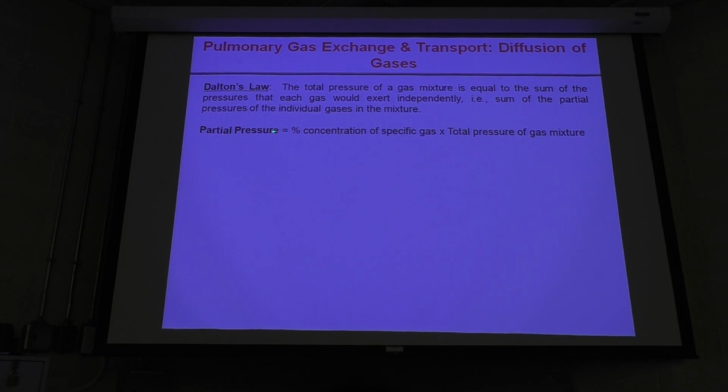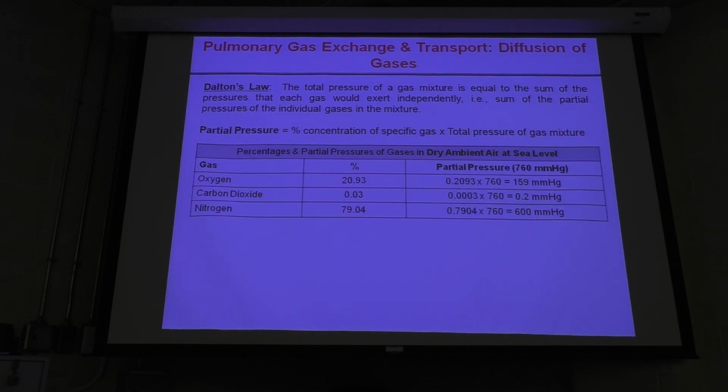So the partial pressure is calculated as the percentage concentration of a specific gas multiplied by the total pressure of a gas mixture. So, percentages and partial pressures of gases in dry ambient air at sea level. So, for example, the air that we're breathing right now. If we look at oxygen, carbon dioxide, and nitrogen, we know that oxygen is about 21% in the inspired air at a sea level pressure of 760 millimeters of mercury, which gives us an atmospheric partial pressure of about 160 millimeters of mercury.